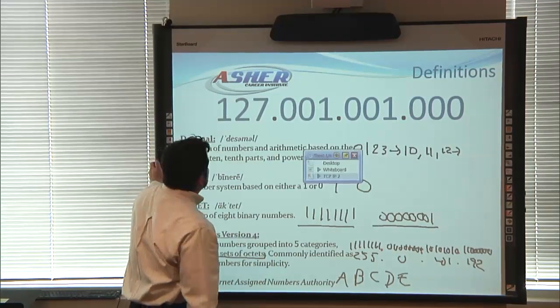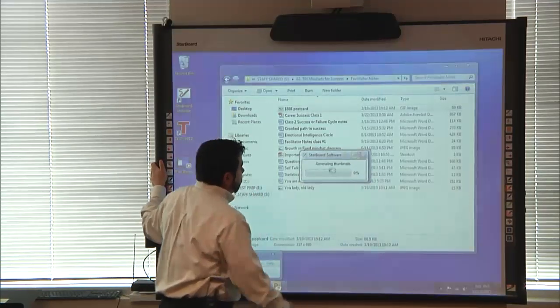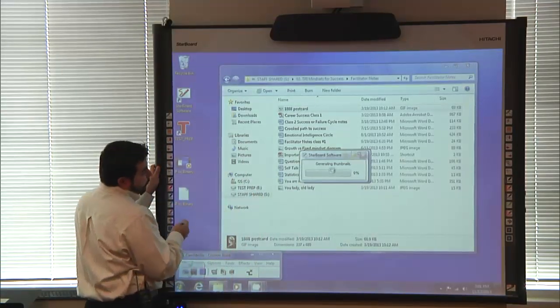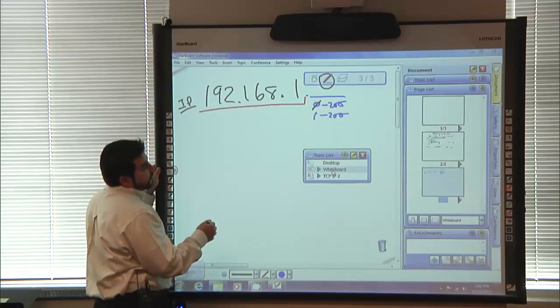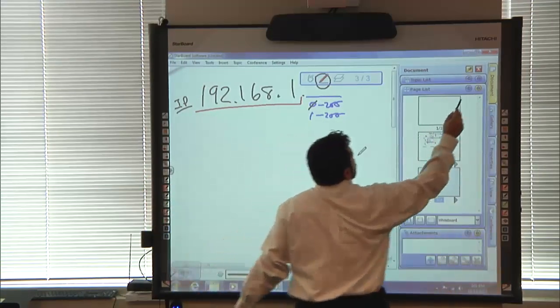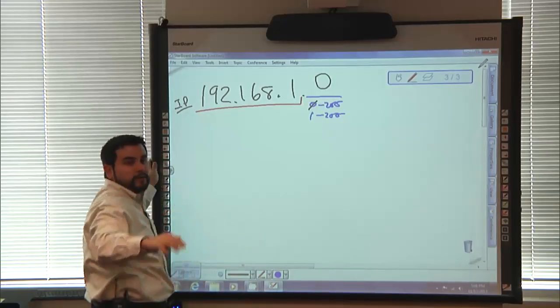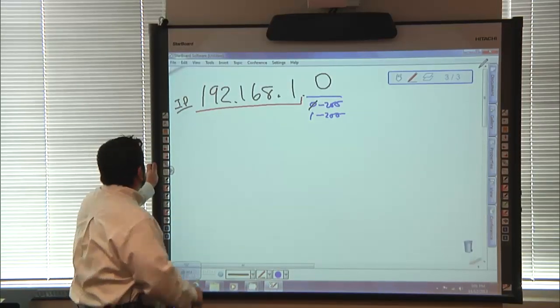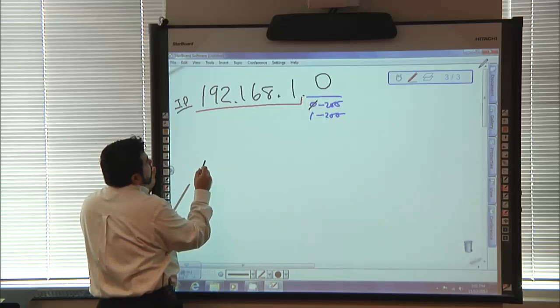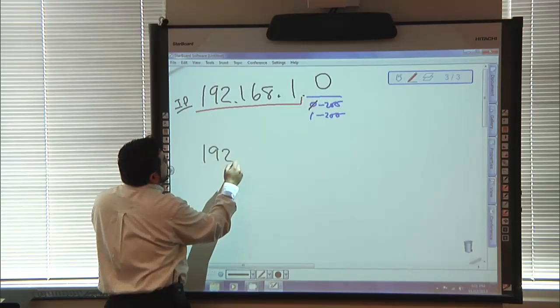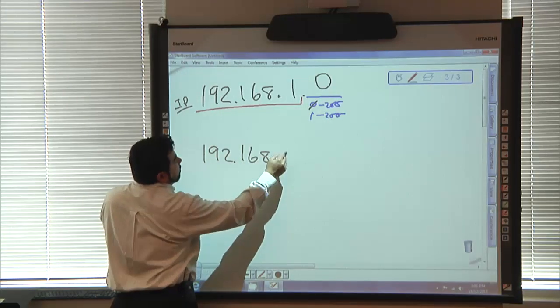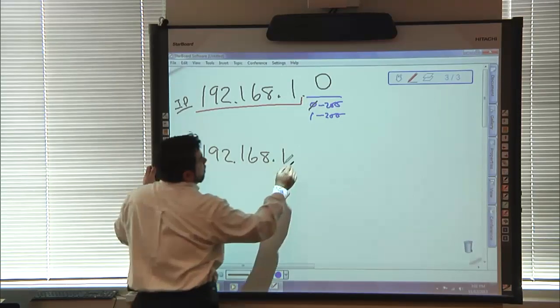That first one is the address that gets set up with IANA, and they register the .0 network, so you can no longer use it inside your network. This is identified as your house, or your business. Now you start setting up IP addresses. What is the first one? .1.